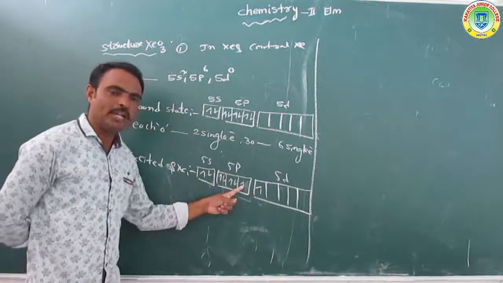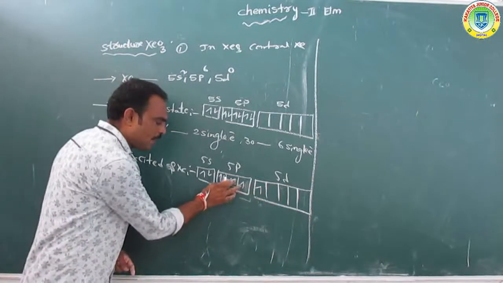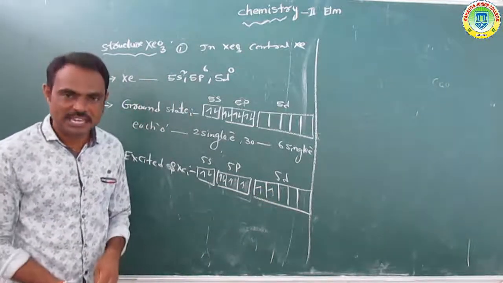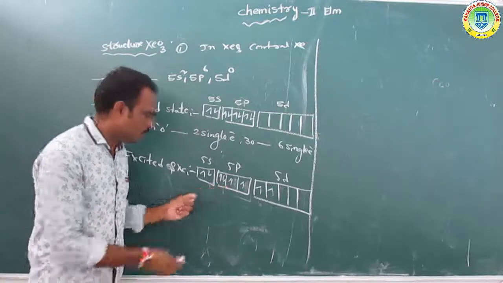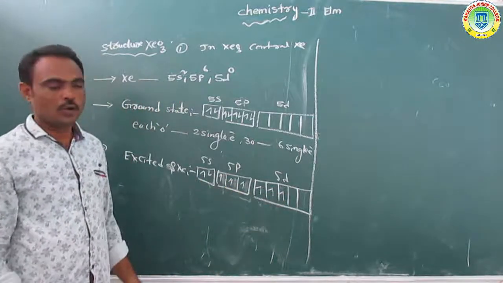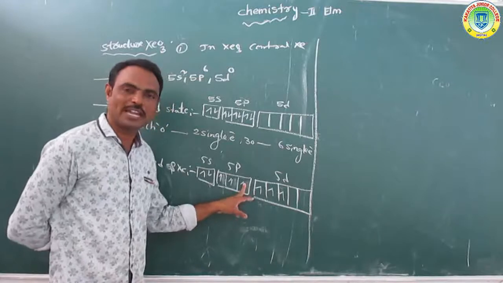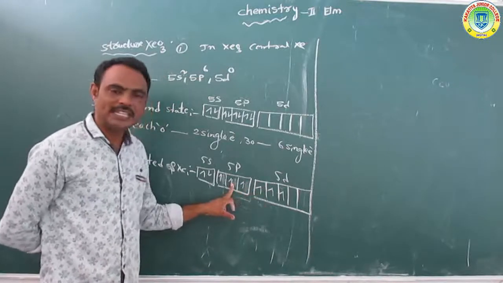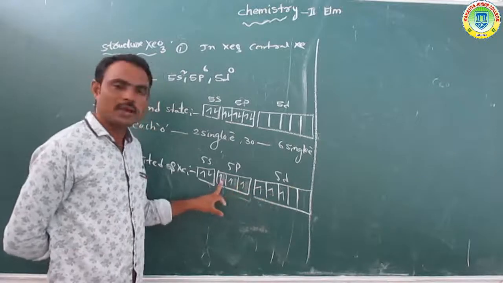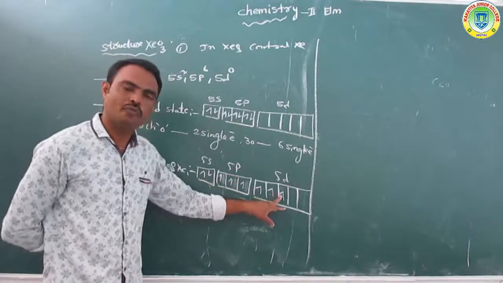So the first excited state is 5pz to 5d, the second is 5py to 5d, the third is 5px to 5d.